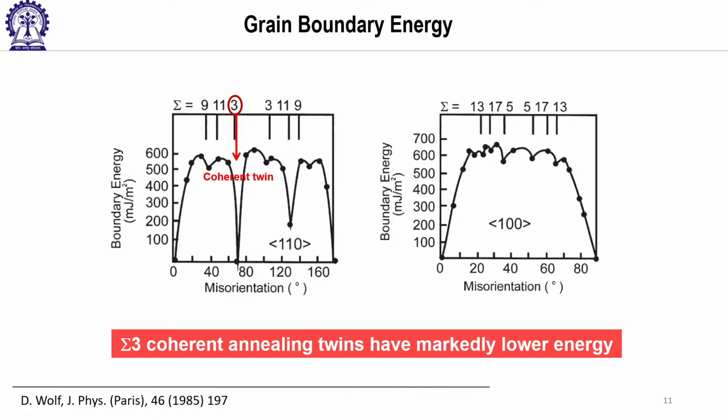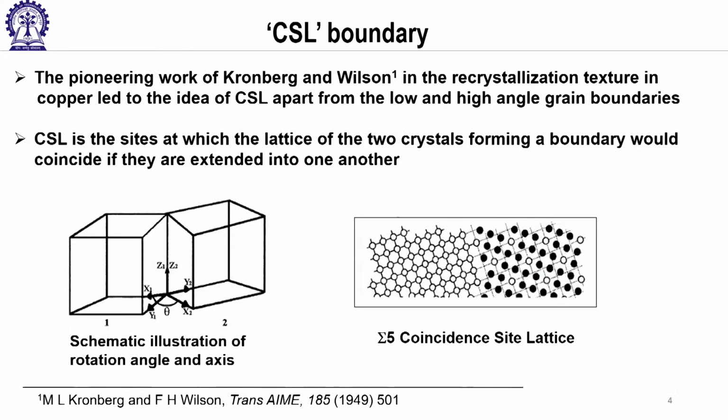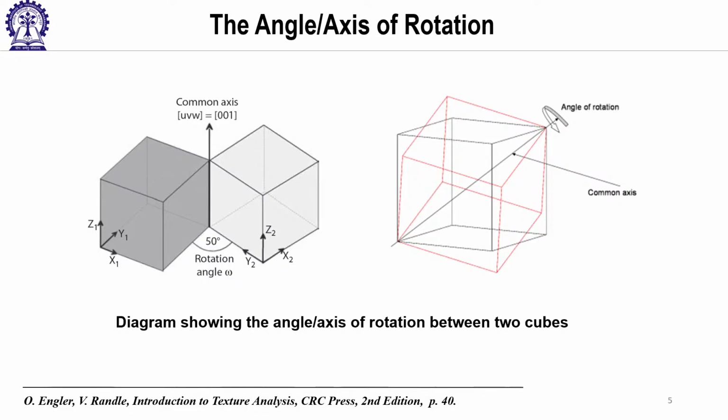For example, just go back there. So for this one, obviously you can rotate 50 degree in one direction, or 130 in another direction, right. But it is not so simplistic. It's not only about one axis, you can have many equivalent axes.